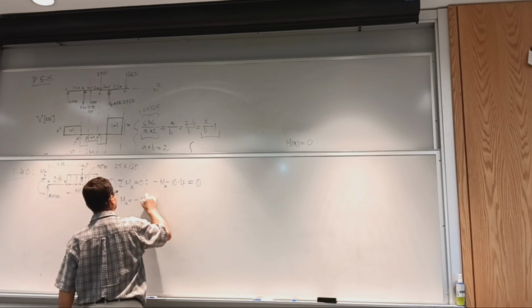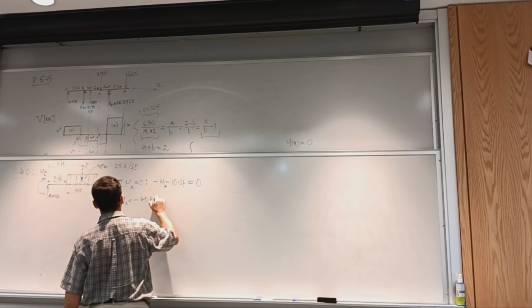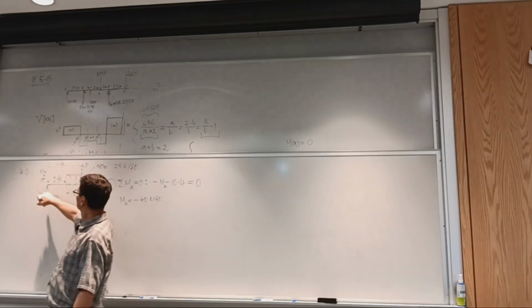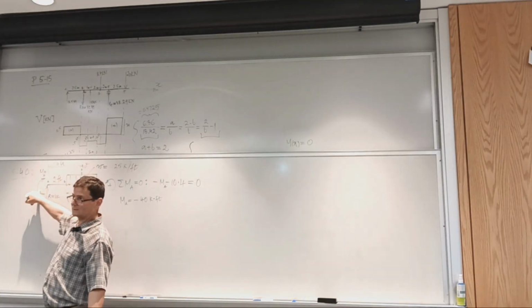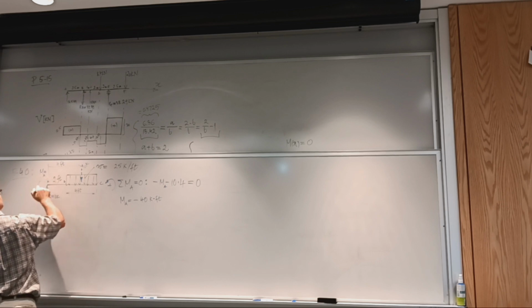So negative 40 kip foot. If it's a negative value, it means I didn't get the orientation right. So what do we do? We change the orientation.